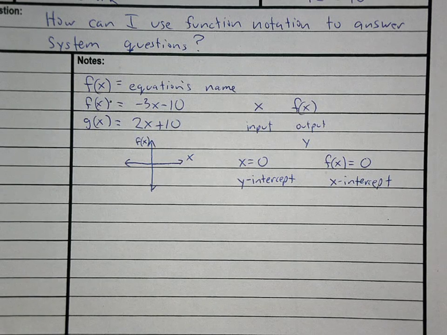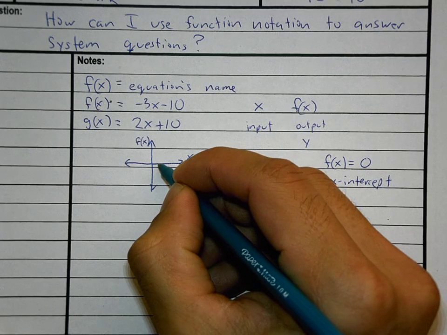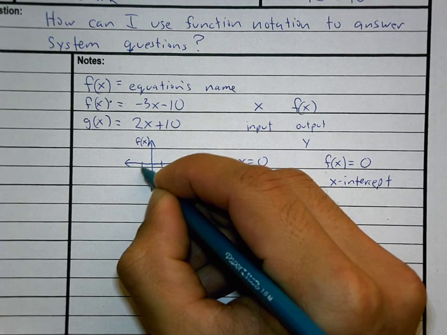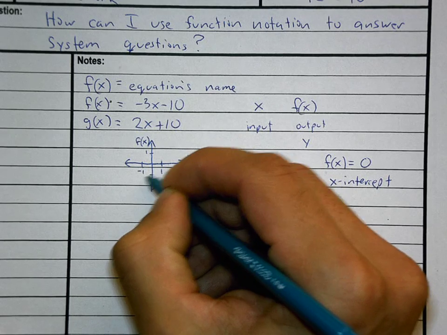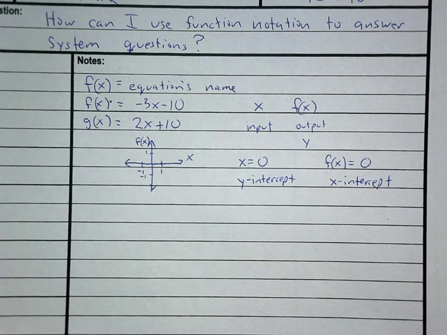Now I'm going to label two numbers here, 1 and negative 1, and up here 1 and negative 1 as well, just so I know what's where.